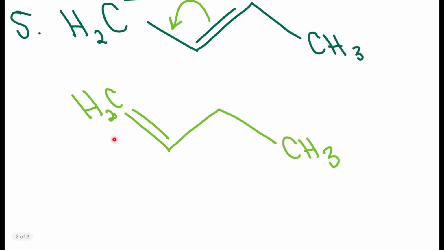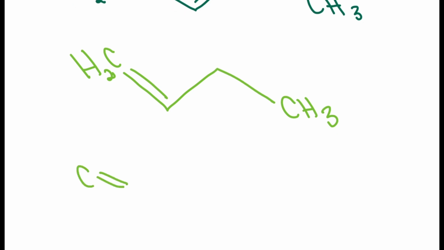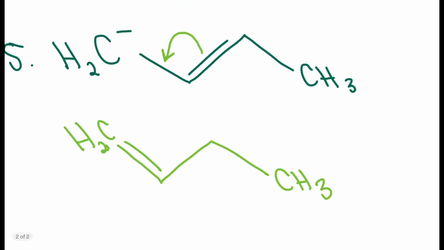So when we look at this carbon right here, if you were to completely draw it out, you would have C double bonded to whatever is here and 2 H's. Remember your octet rule, carbon can only have 4 because it only brings to the table 4. Right here, it has 1, 2, 3, 4. So that means it will not have a charge. So this carbon is taken care of.